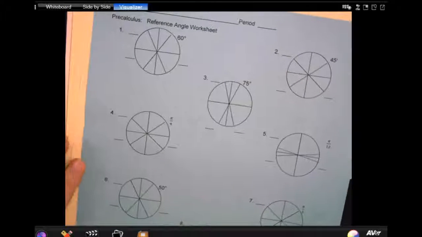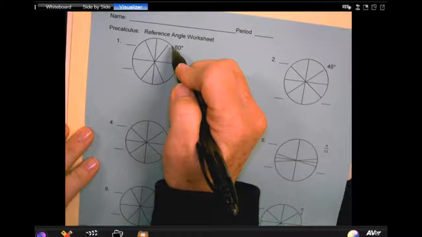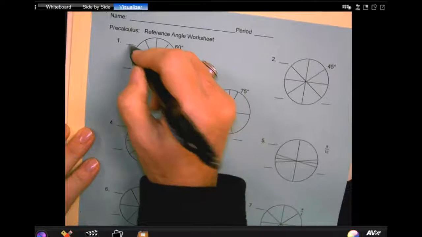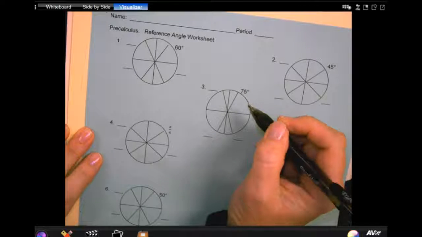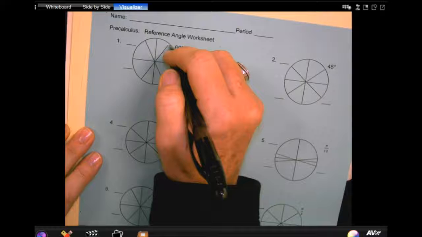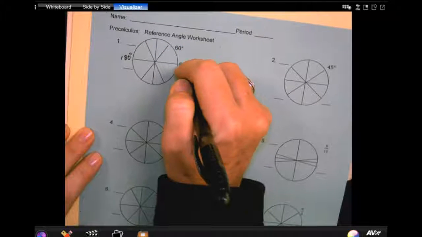So if you go to the reference angle worksheet, so if I'm given 60 and I need to fill in this one, and this one. So I know this starts at 0 and it goes to 60, and over here would be 180, and this would be 360.